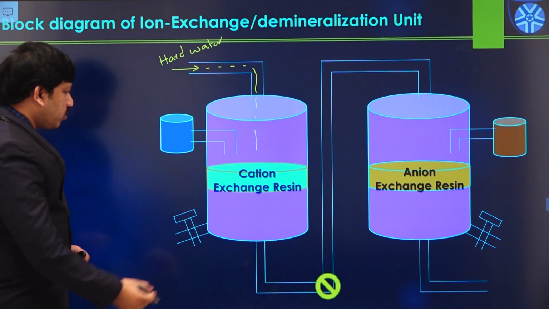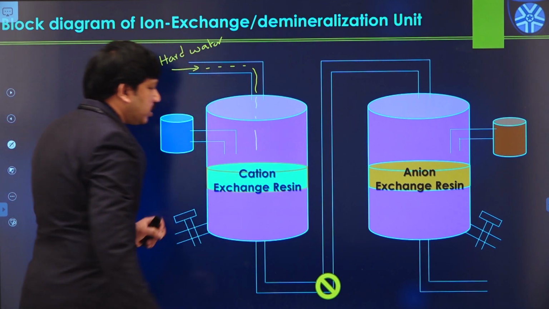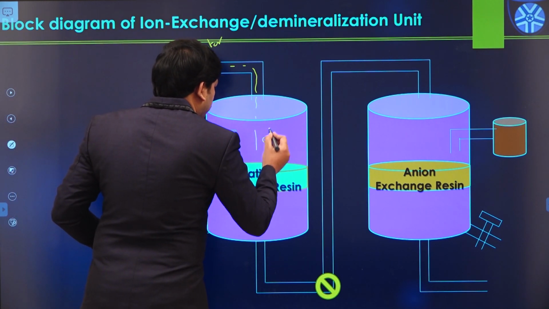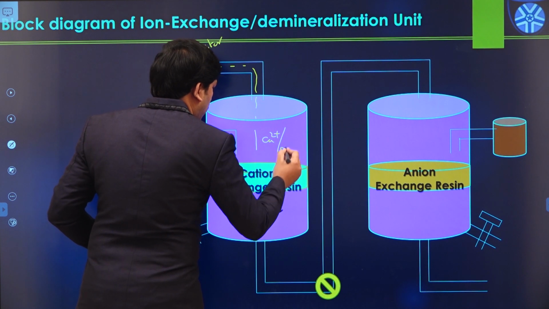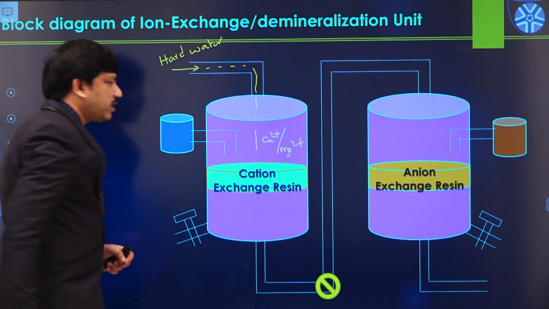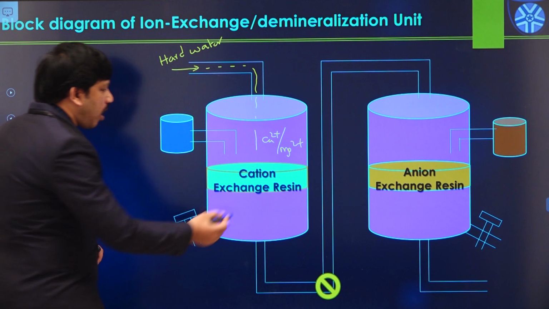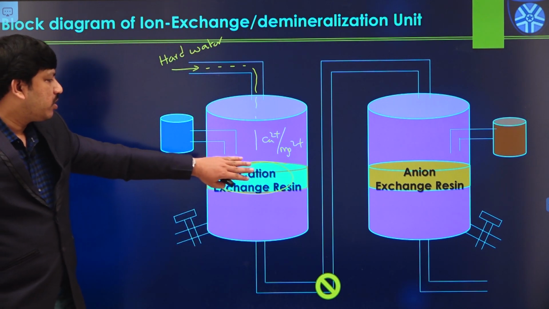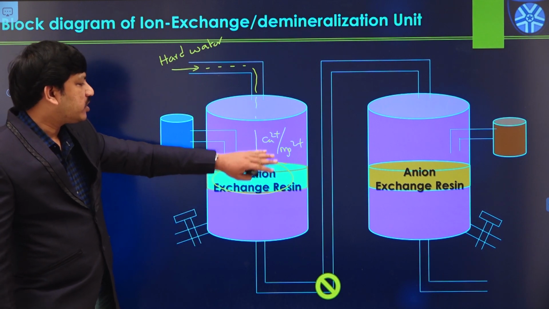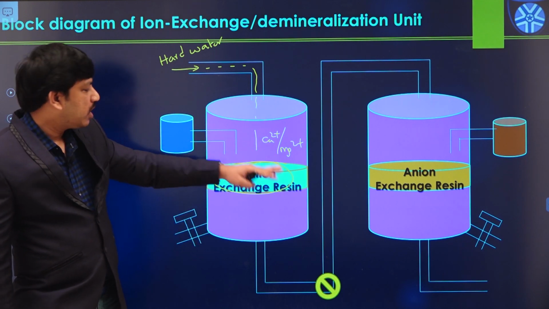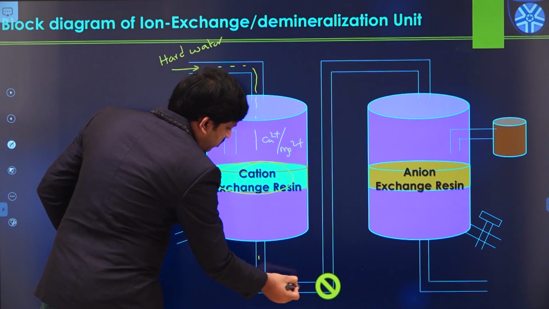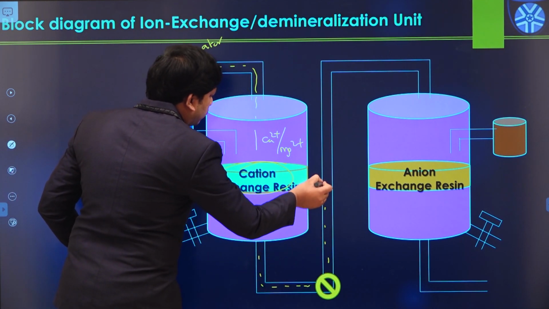Okay. So here there is a cation exchange resin. So what is the role of cation exchange resin? So whatever calcium or magnesium 2+ ions are available in the water medium, all those things are absorbed at this stage. Cations are absorbed at this stage. So the resin surface is taking up this calcium and magnesium ions, and the remaining water goes to the second unit like this.